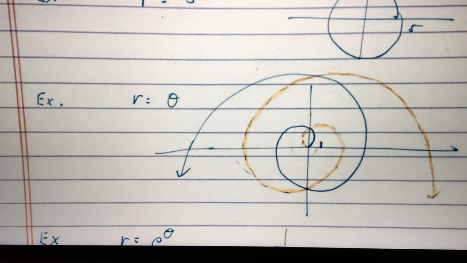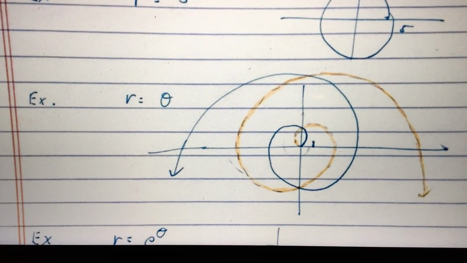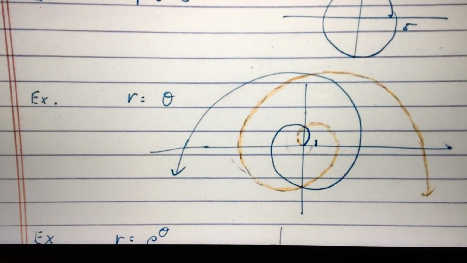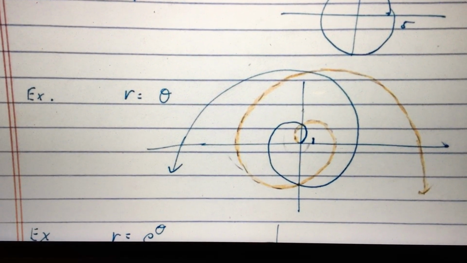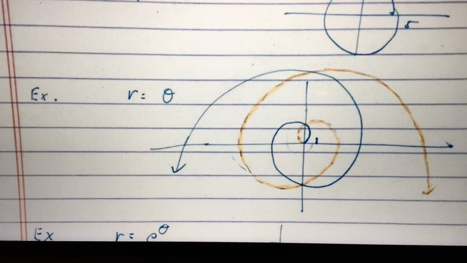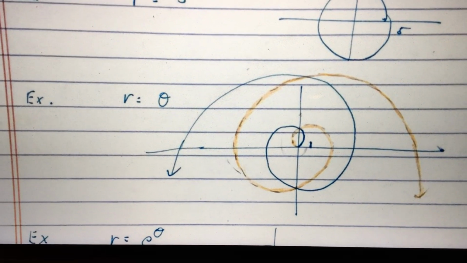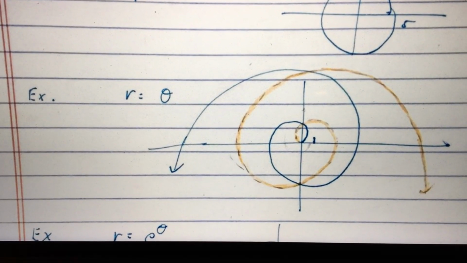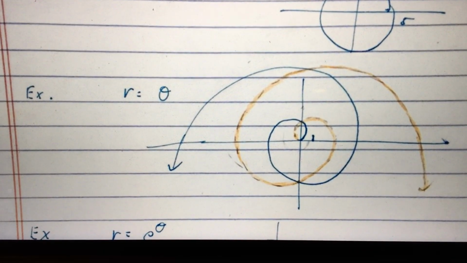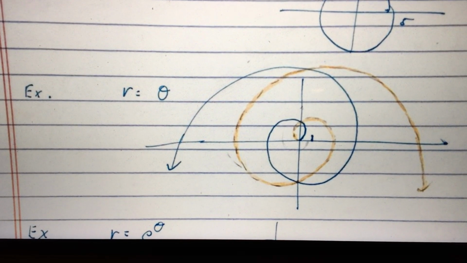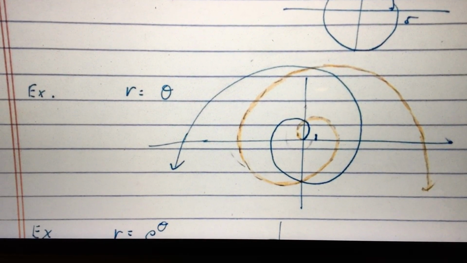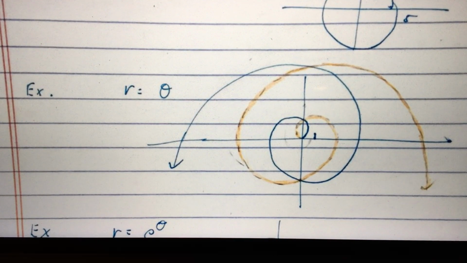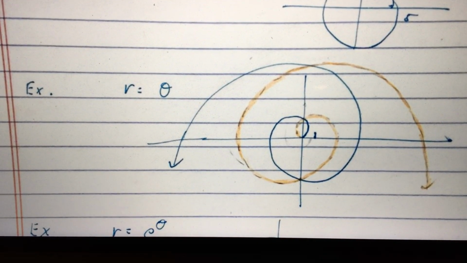So right where it crosses, say the dark blue line is the positive radiuses, and when it hits pi, it crosses that pi. Now the orange line is for negative radiuses. So when theta is negative pi, then the radius will be negative pi as well.